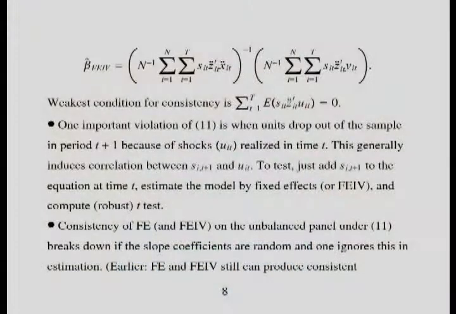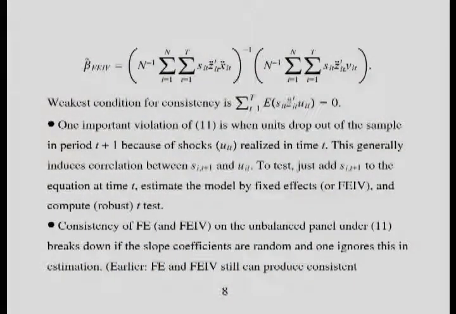So in this notation, t sub i here is properly considered a random variable, right? It's the number of time periods we observe for unit i. And since we're allowing selection to be random in any time period, the number of times any unit is in the sample is random. So if you make these definitions, then you can write down the so-called fixed effects IV estimator in this form.